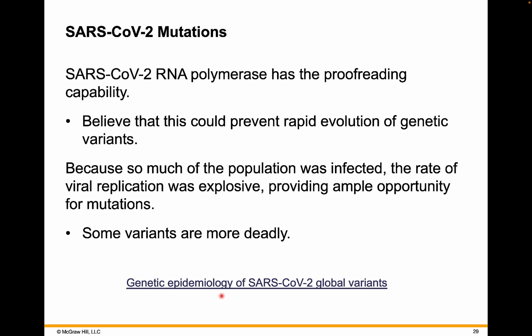If you would like to understand the genetic epidemiology of the SARS-CoV-2 variants from the beginning of the pandemic until today, you can follow the link nextstrain.org and see an animation of the entire set of mutations.